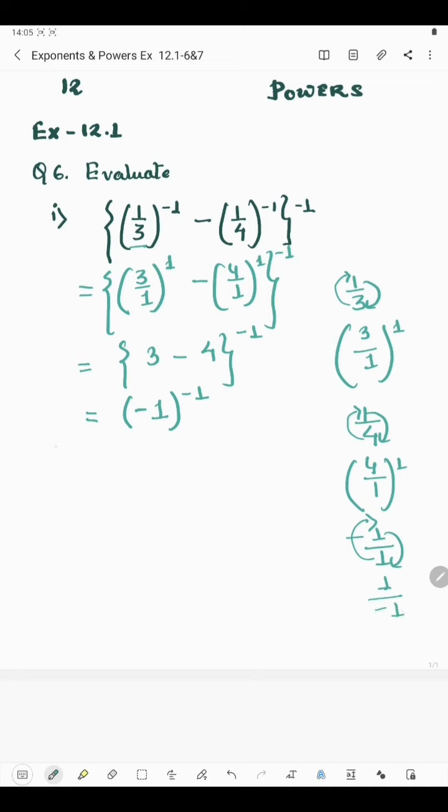So it will be (1/-1)^1. Now 1 will be cancelled, and we get 1, and since we have minus sign in front of this, we'll write minus 1. So the answer of this is minus 1.